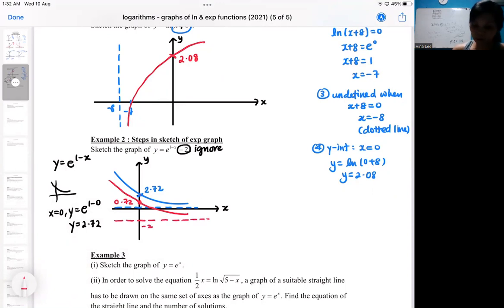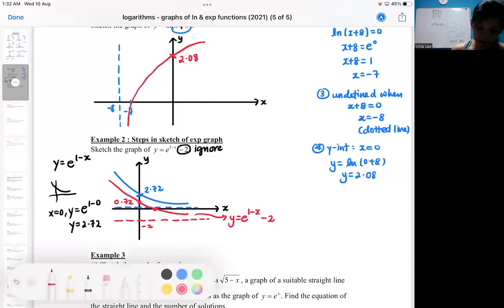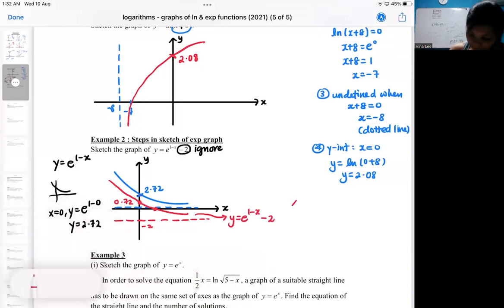And because of the shifting down, you end up having an x-intercept. So how are you going to calculate the x-intercept? You are going to put in y equal to 0 into this equation.